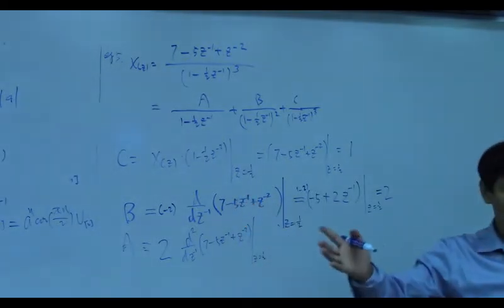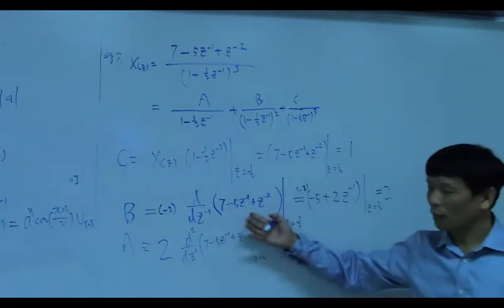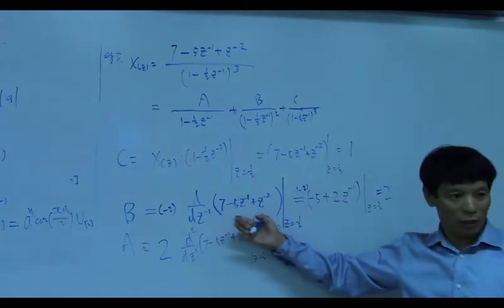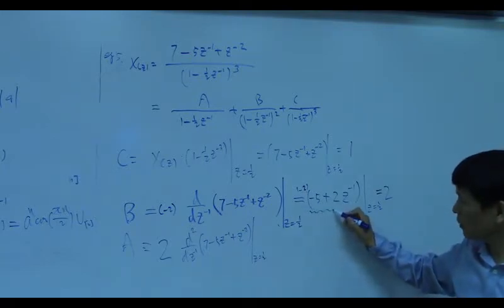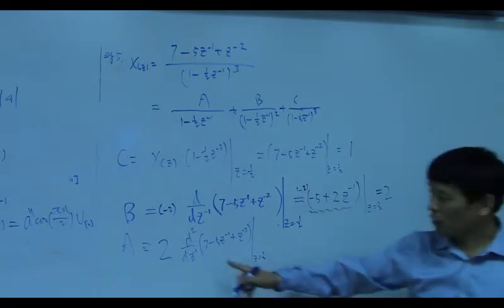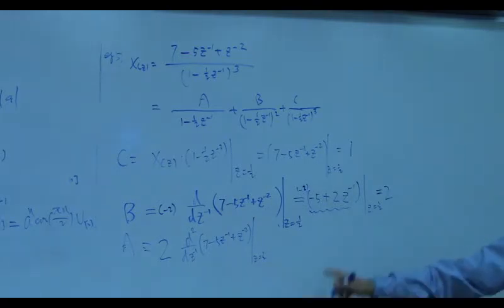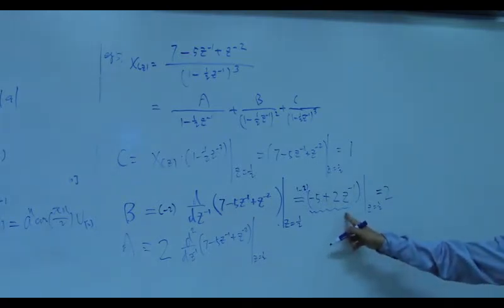But don't be scared. We already took the differentiation of this, which gave us this one, right? So that is the first order differentiation. Then we just take another differentiation with respect to z^-1. So what is it?